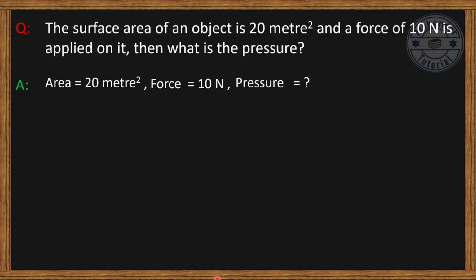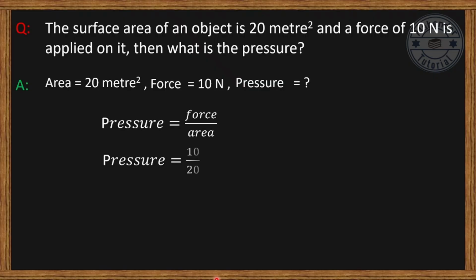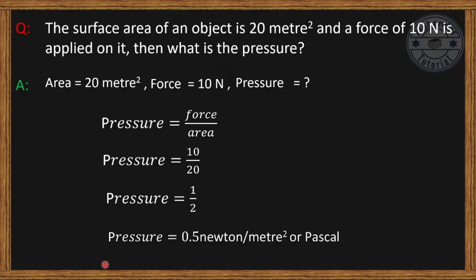What is the pressure? The formula of pressure is force by area. Substitute the values in this equation. Pressure is equal to force value 10 and area 20. That is equal to 1 by 2. 1 by 2 is nothing but 0.5 newton per meter square or Pascal.